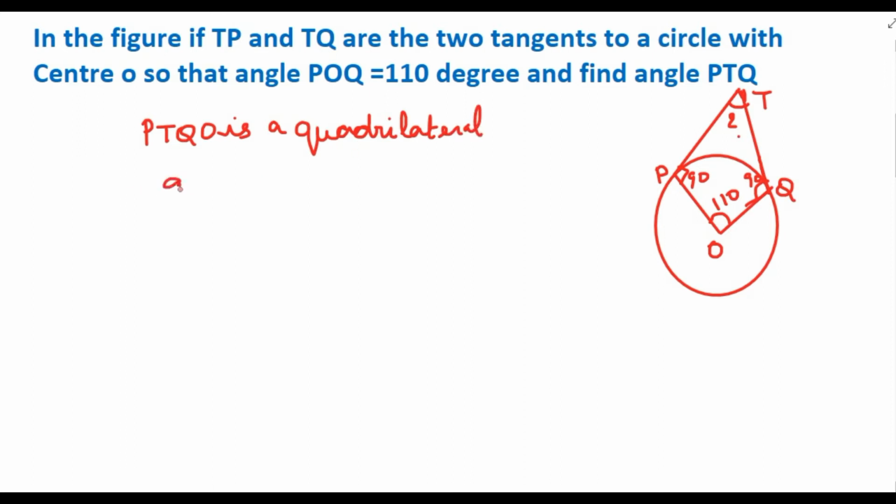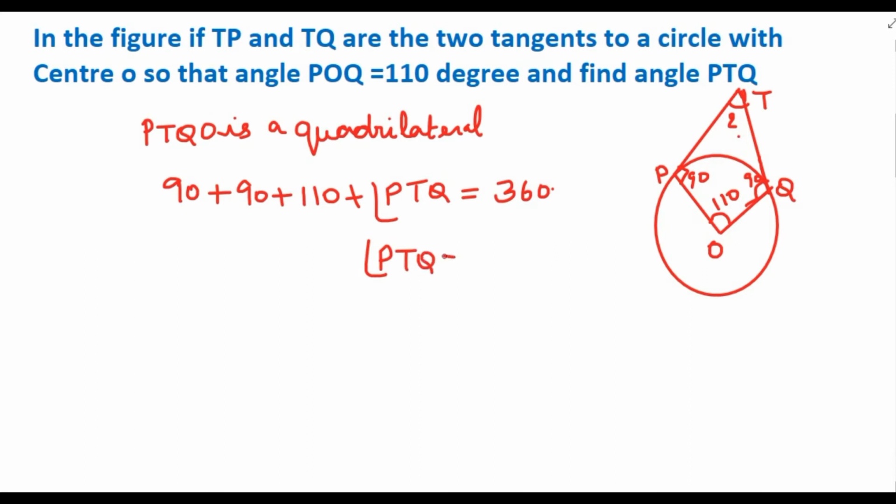So 90 plus 90 plus 110 plus angle PTQ, which I need to find out, is equal to 360 degree. Therefore angle PTQ is equal to 360 minus 180, which is 180, minus again 110, which is 70 degree. So angle PTQ is 70 degree.